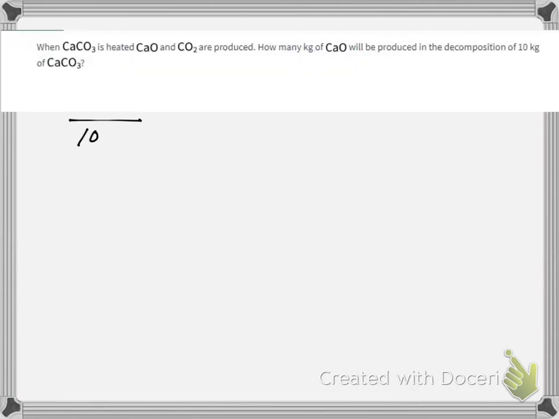Okay. Let's take a look at doing this problem using ratios and conversion factors. All right, so what we have is that 100 grams of calcium carbonate makes 56 grams of calcium oxide.